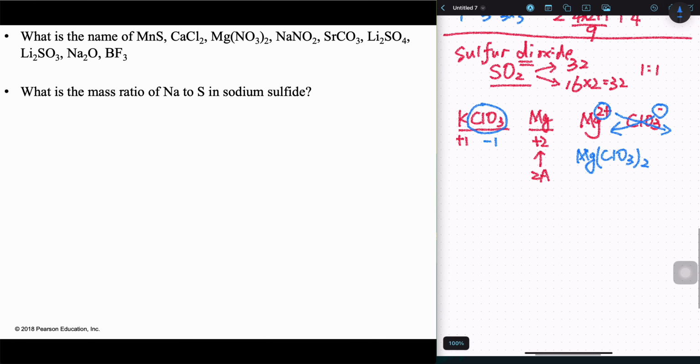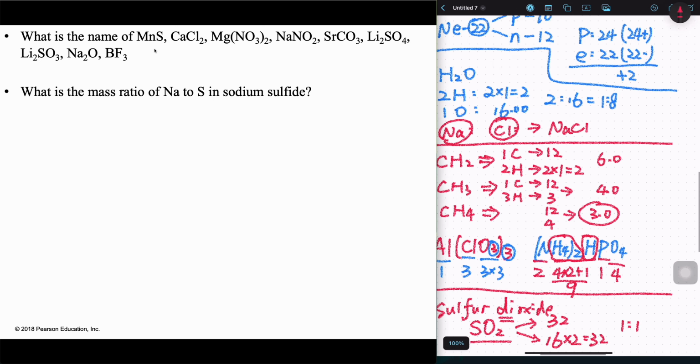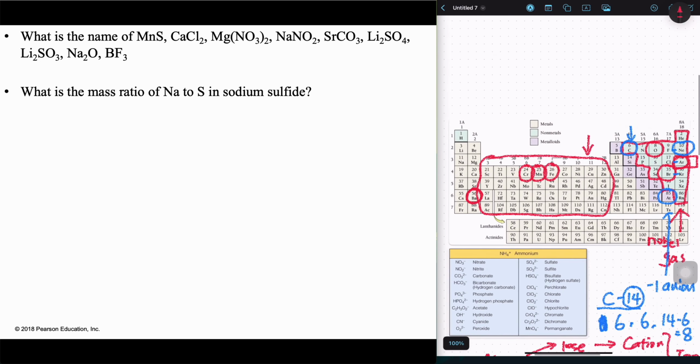Next question is about nomenclature. What will be the name of this compound? For the first one, we go to our periodic table and find Mn. The name of Mn is manganese.